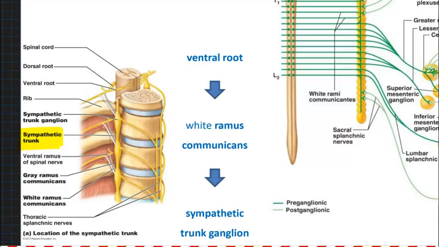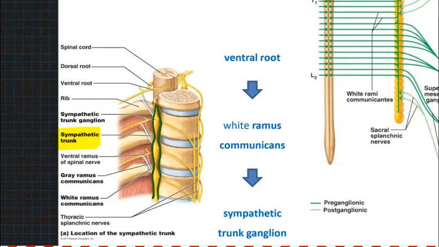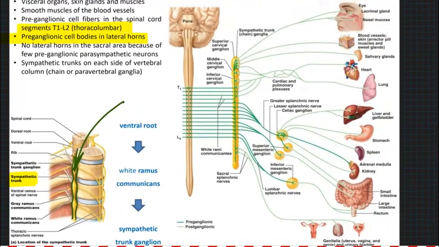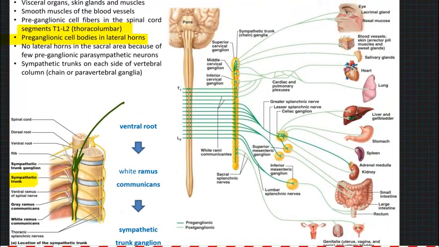Do you see that chain here? I'm going to highlight it in a minute. This one. That's the sympathetic trunk, the green on the left. This is sometimes called the sympathetic chain of ganglia or paravertebral chain of ganglia.